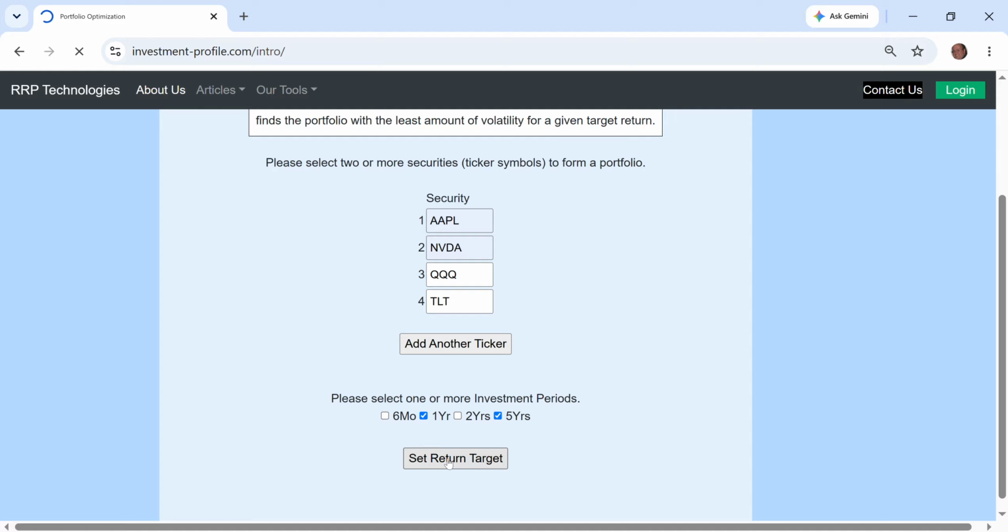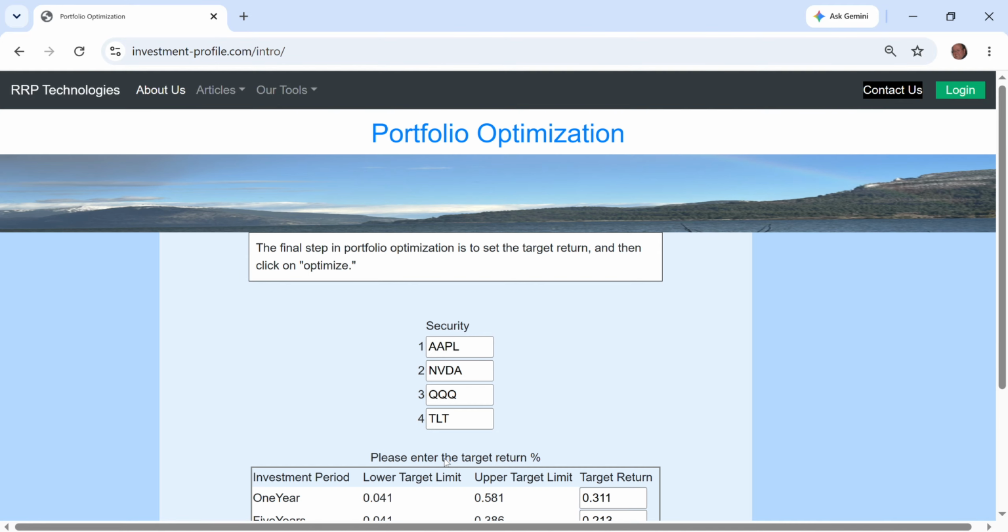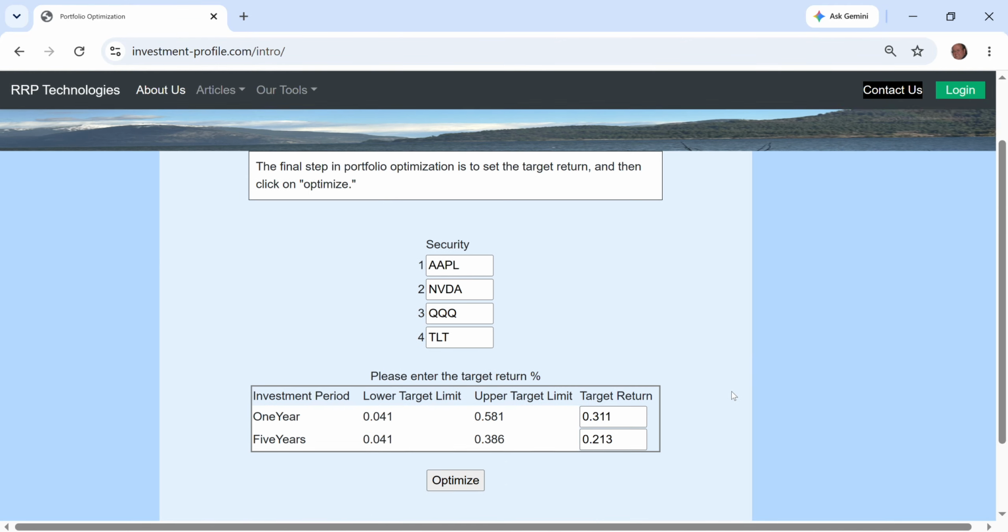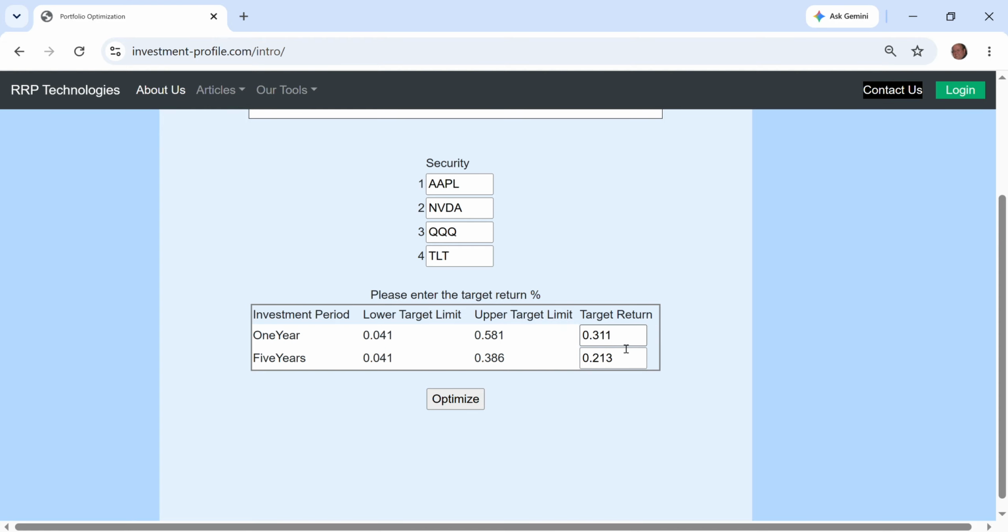What we need to do here is select a target return. And I'm going to select a pretty aggressive target return of 20% for the 1-year portfolio and 20% for the 5-year portfolio.